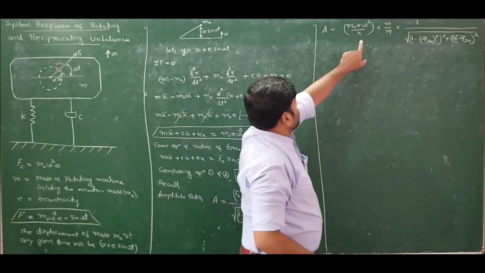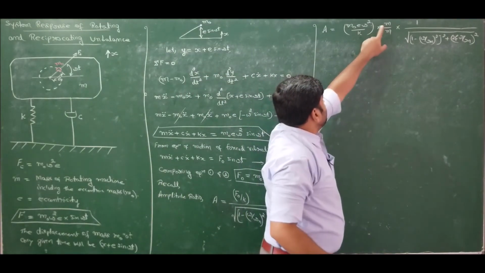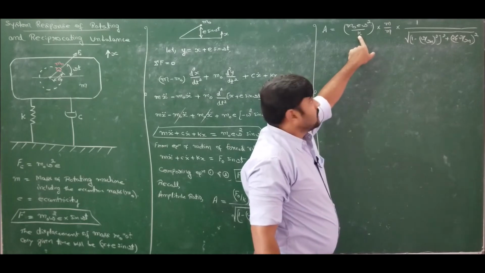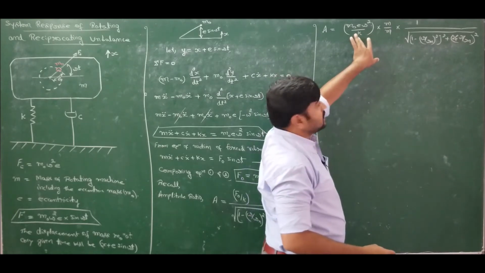Now K by m I can write as omega n square, correct?